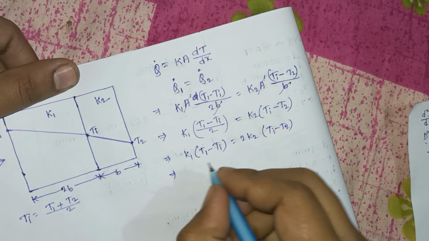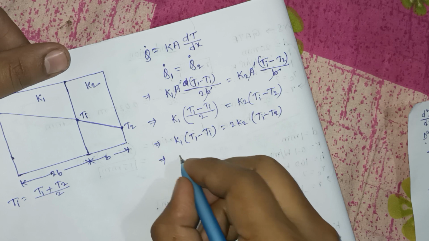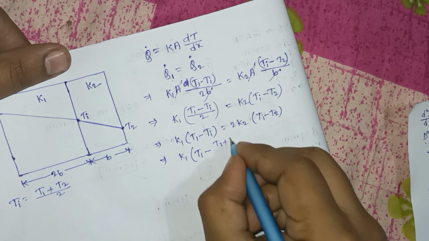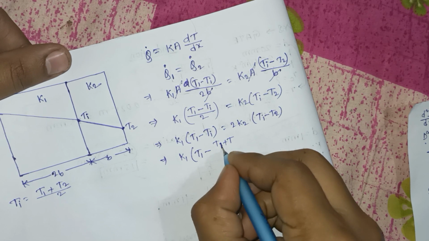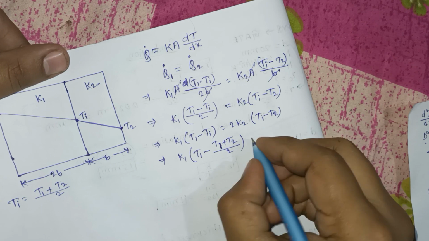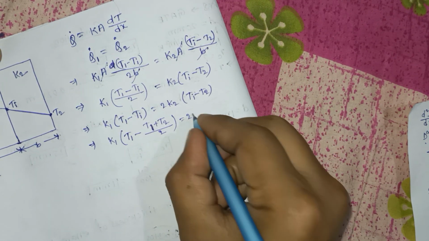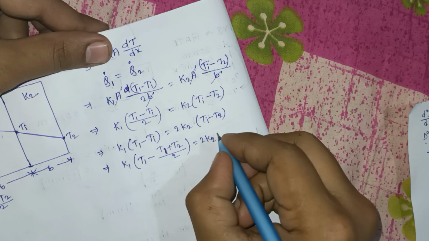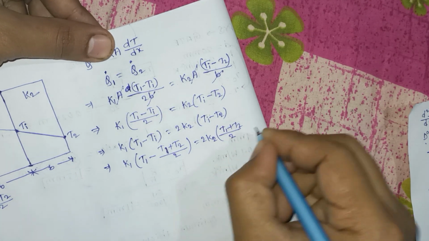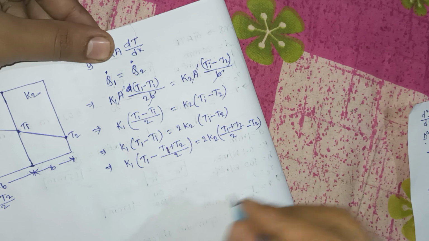So if you put the value of Ti, that is K1 into T1 minus T1 plus T2 by 2, equal to 2K2 into T1 plus T2 by 2 minus T2.